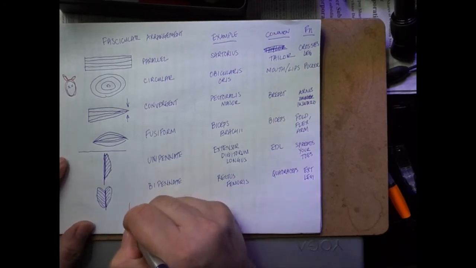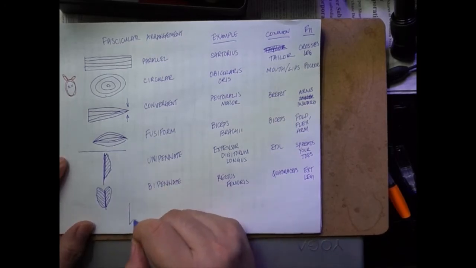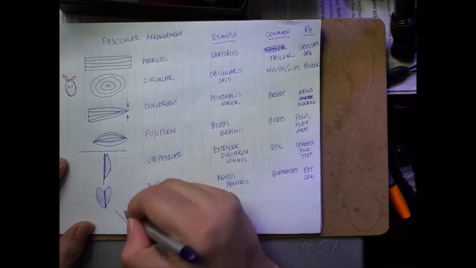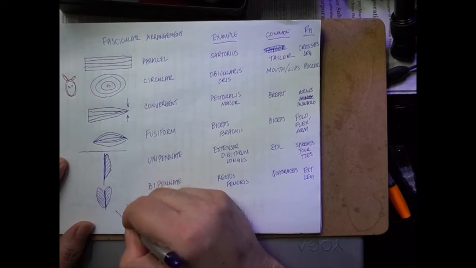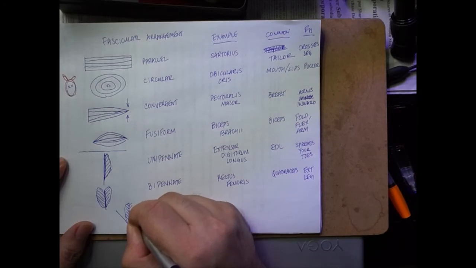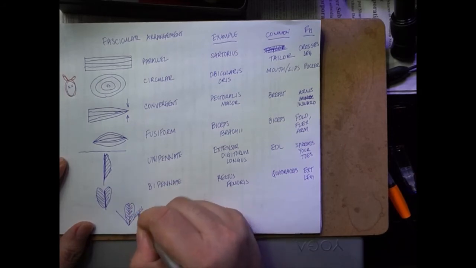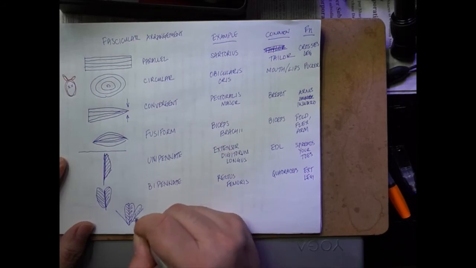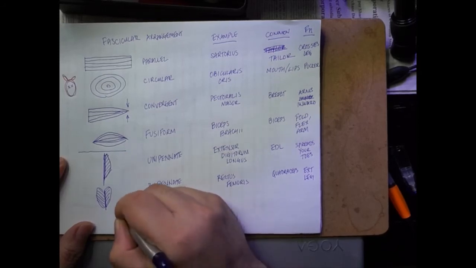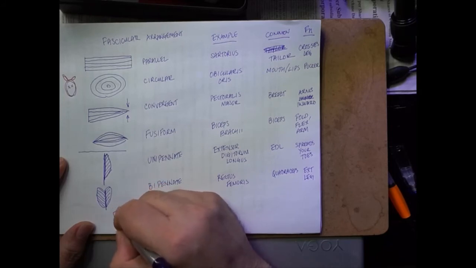So then if you have bipennate, then you can have more spines, which means you can have a feather here, another feather here, another feather here, another feather there.